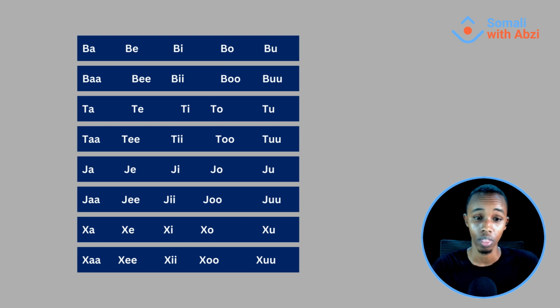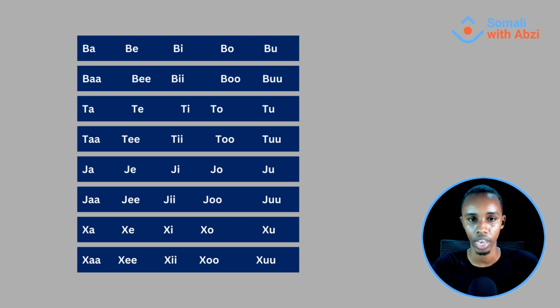Let's read together these Somali sounds now. Ba, be, bi, bo, bu.